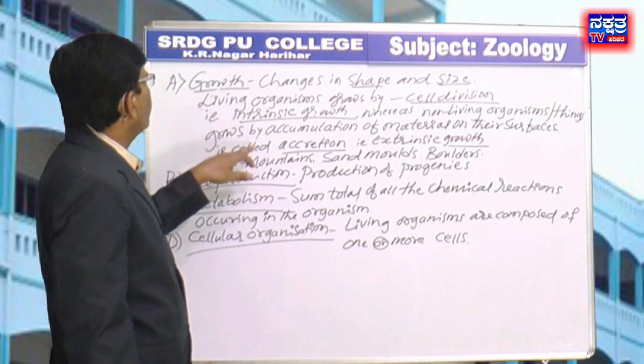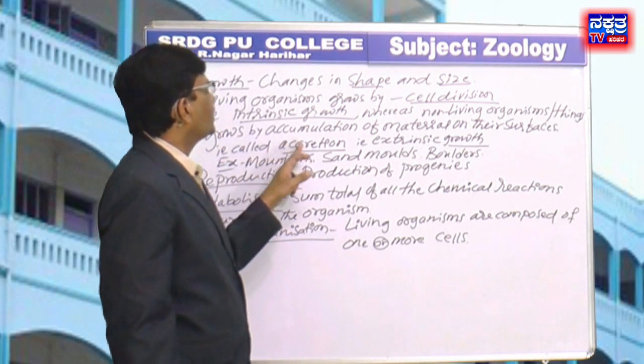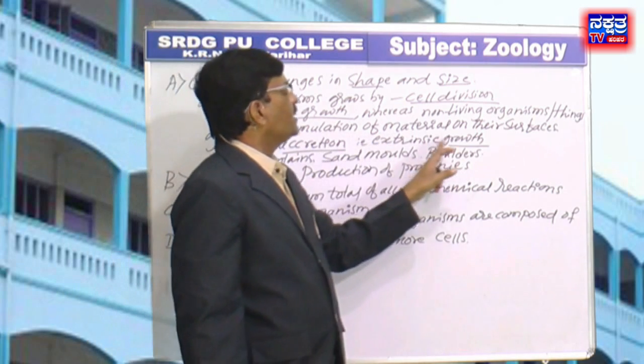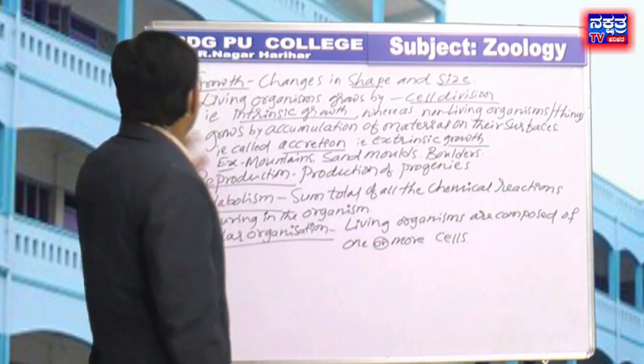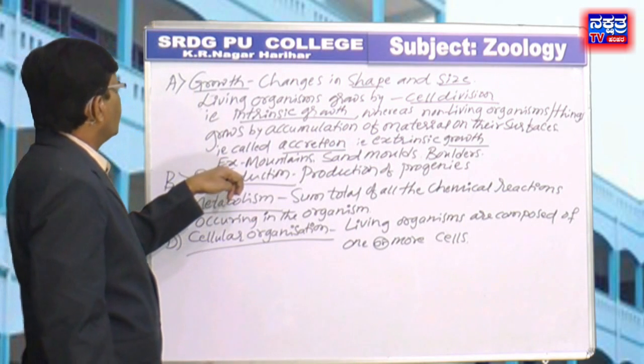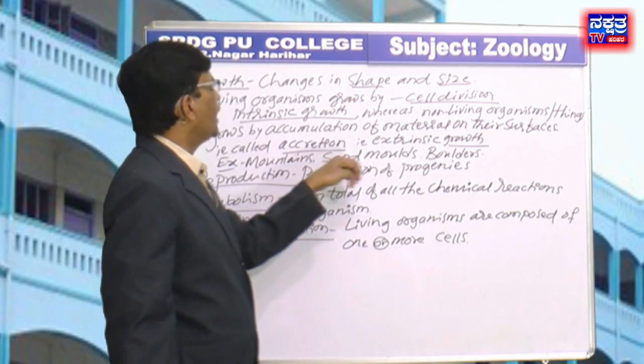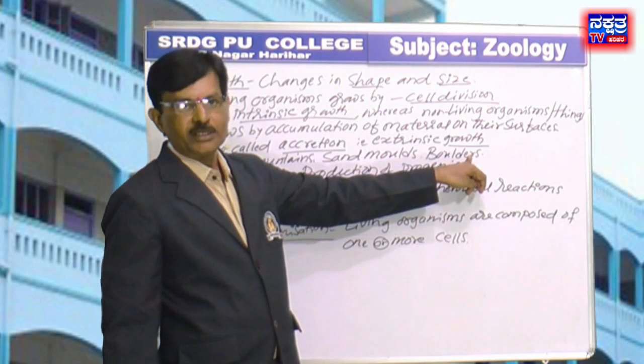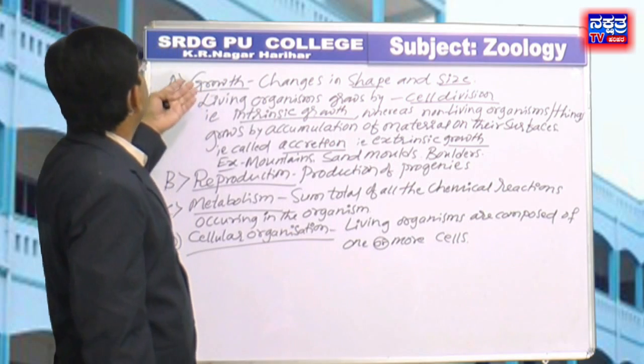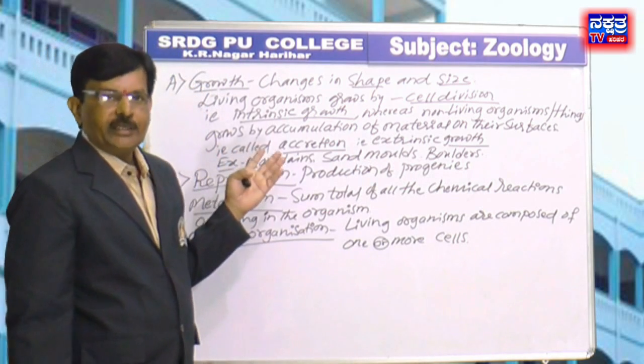That type of growth is called as accretion or the extrinsic growth. For example, mountains, sand mounds and boulders. These are the examples for the growth in non-living things.